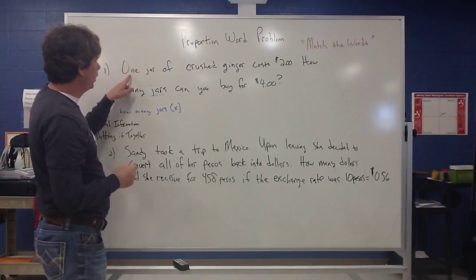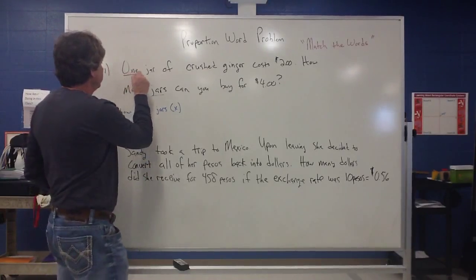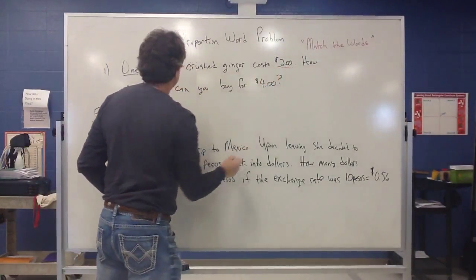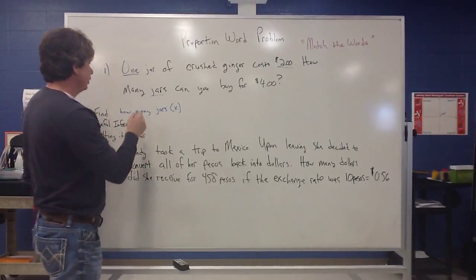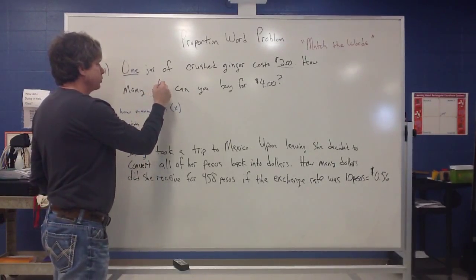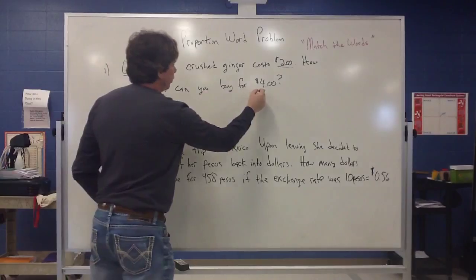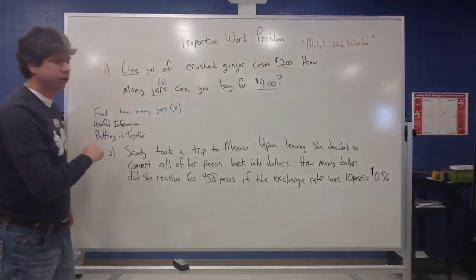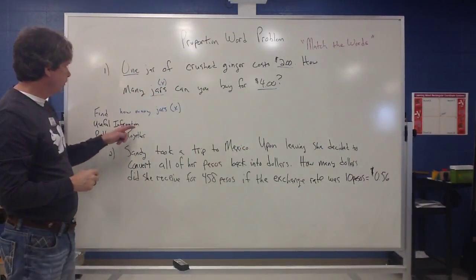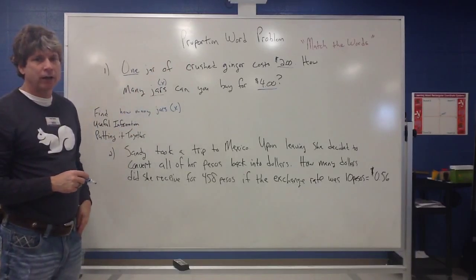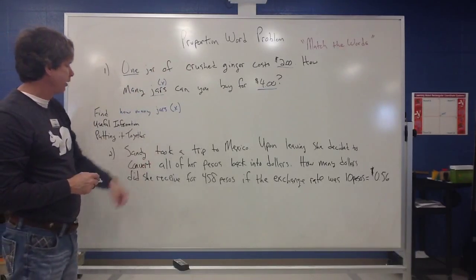Useful information: notice that we have one jar goes with $2. And we also pick up on that we don't know how many jars we have, but that has to go with $4. So the useful information, sometimes it's a good idea to highlight, underline it. You can also just write it down here.